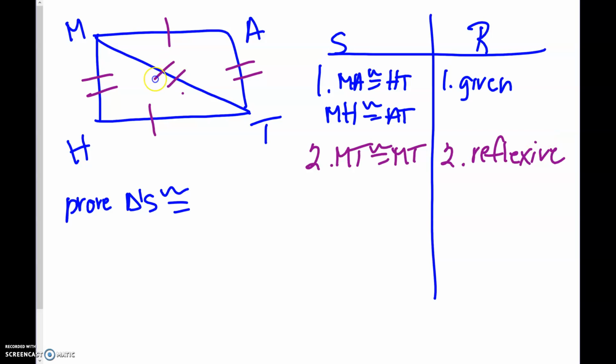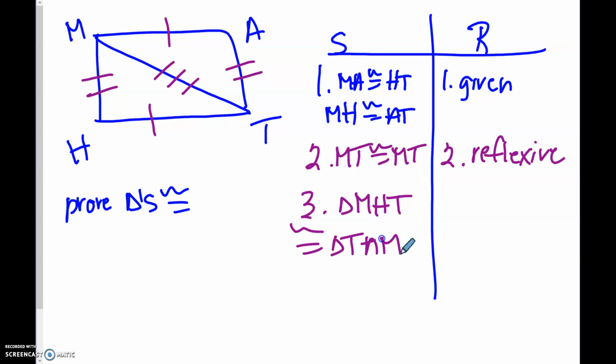Okay, so now this segment's congruent to itself. So now we can get the triangle MHT congruent to triangle TAM, and that would be by side, side, side.